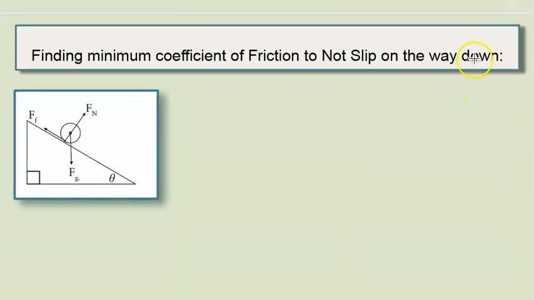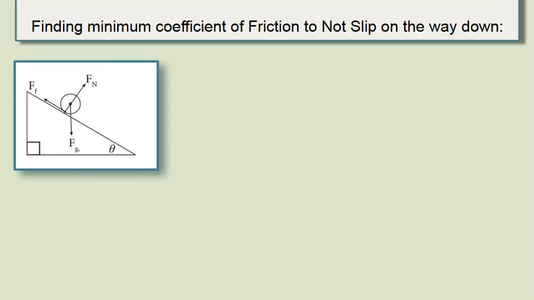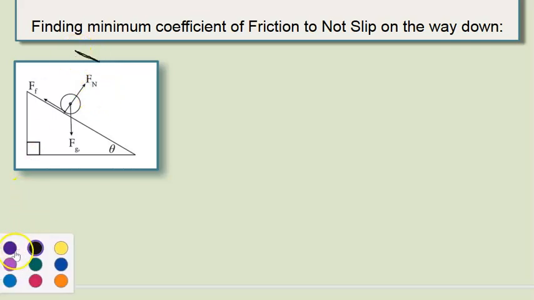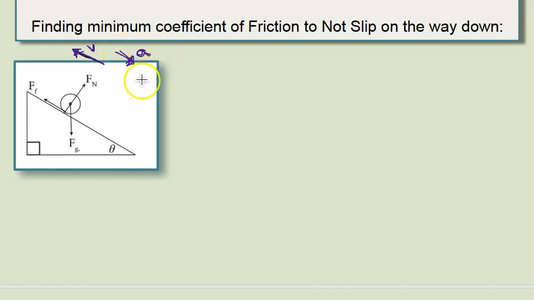I think this is supposed to be on the way up. I'm going to draw this bigger so that we can understand this. So if it is heading up the ramp, the velocity is up, but you know it's slowing down, right? It's converting the rotational energy into gravitational potential energy. So that means the net force must be down the ramp in order to slow down linearly.